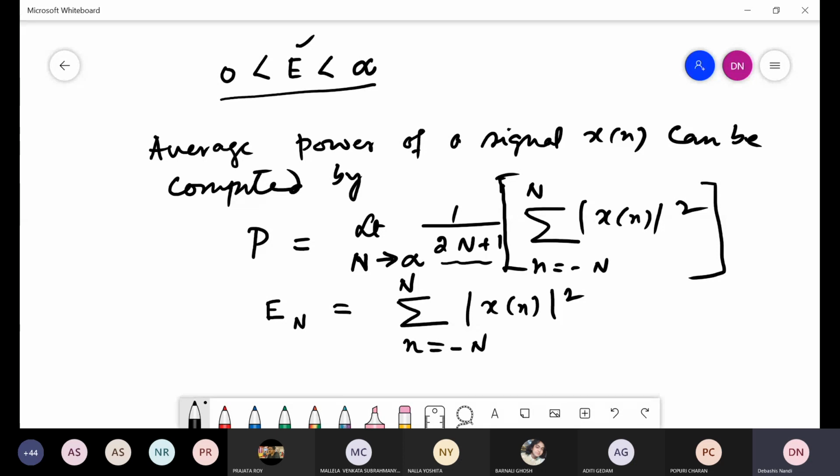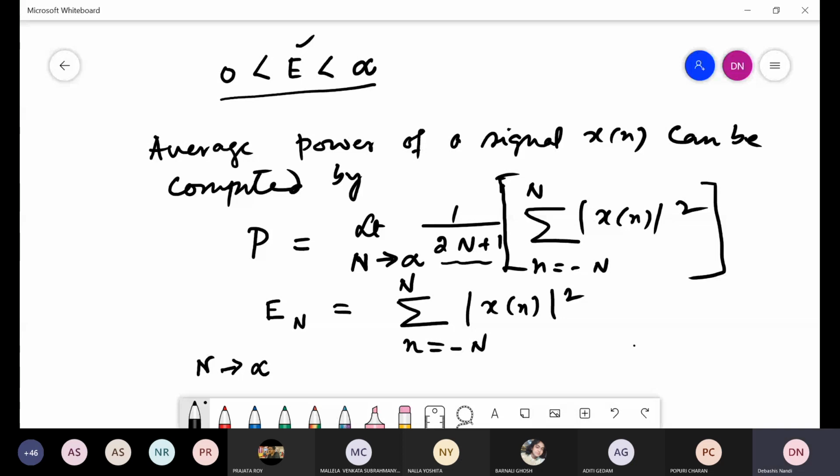Now I am taking capital N in place of minus infinity. So you are taking the energy content for 2N plus 1 number of sample values. So what I can write, if capital N tends to infinity, then you will get E, the total energy.